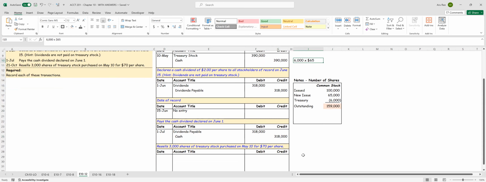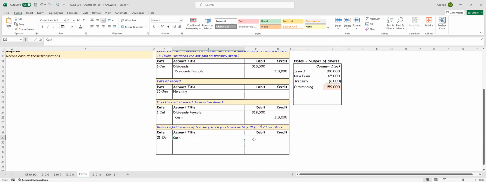I'm now going to sell half of them for $70 per share. So first let me write my date. I'm selling it. I'm receiving cash. I'm selling 3,000 of my treasury shares. I'm selling them for $70 a piece.